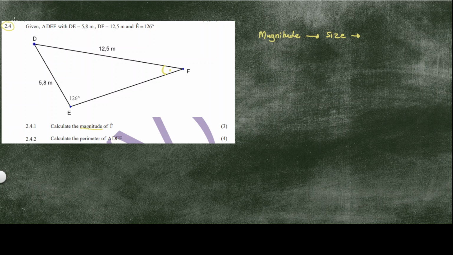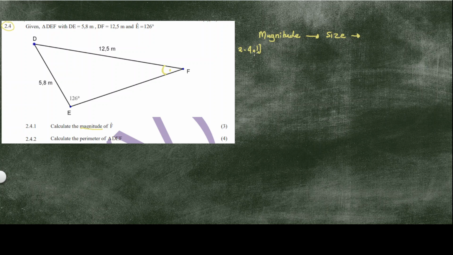The sine rule, right? And then which pairs are we going to use? The angle of E with that side of D, the length of DF.